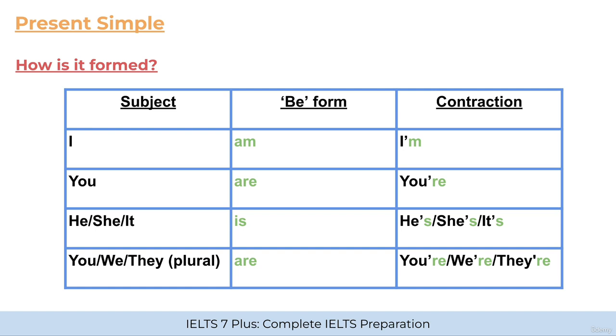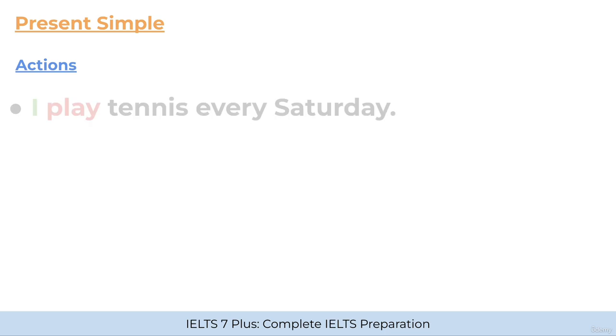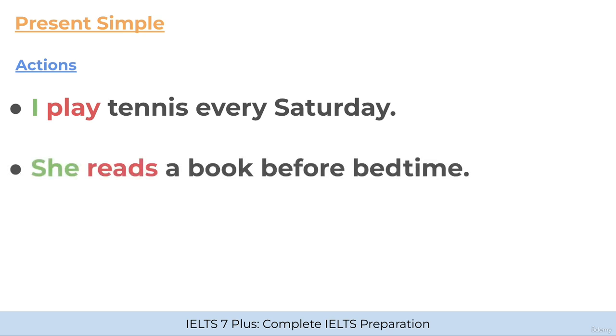Okay, so hopefully you're comfortable with the verb to be. Maybe you've seen a chart like this before. So let's think about actions, present simple. You could say, I play tennis every Saturday, I being the subject and play being the base form of the verb. Now we move to she. She reads a book before bedtime.